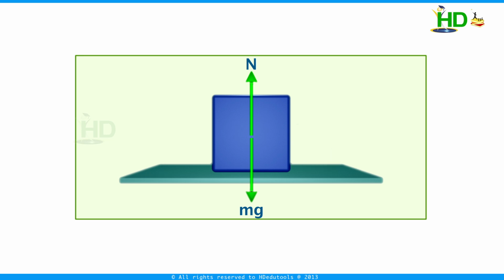In this case, the weight mg is acting vertically down, the normal reaction N is vertically up. I am considering the body is at rest. It is in equilibrium. Does it mean no force is acting on the body? Yes, two forces are acting on the body, but the net force acting on the body is 0. This type of status is called equilibrium.